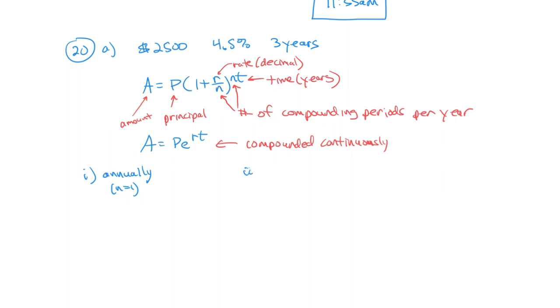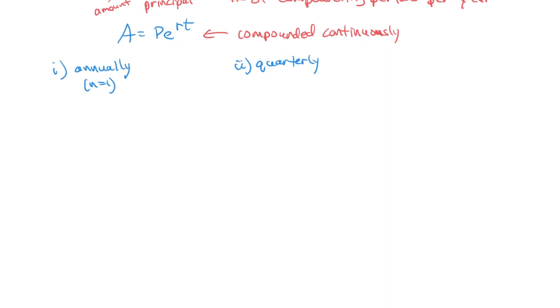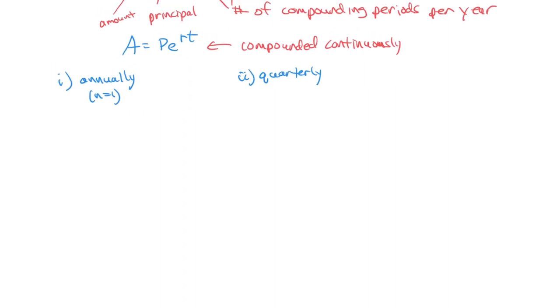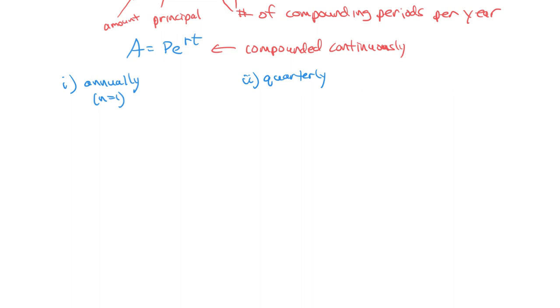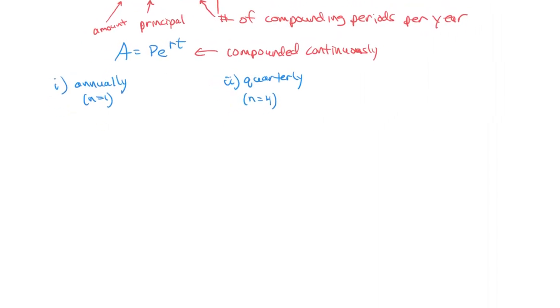The second one says quarterly. Sometimes this software has a mind of its own. Quarterly means, of course, that n equals 4.